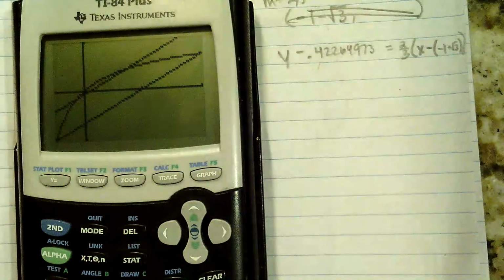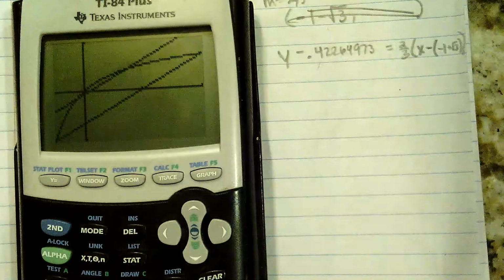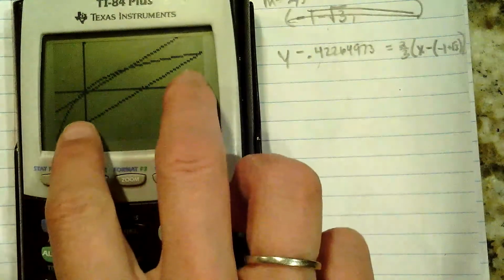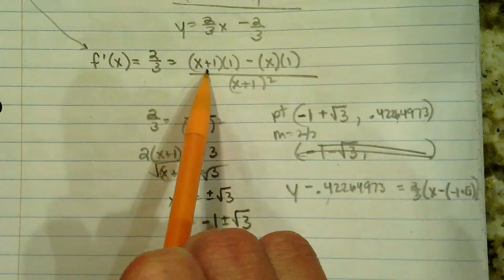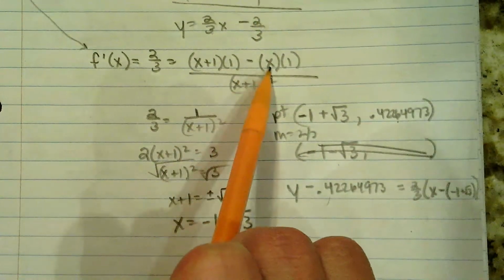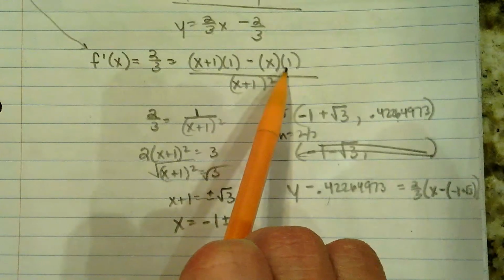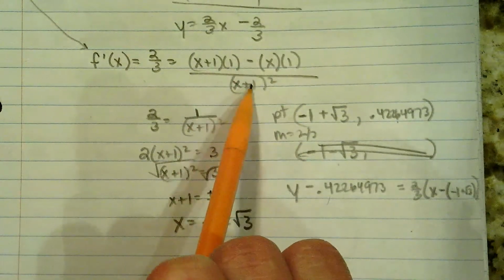Uh-oh. Where did I go wrong? So my secant line definitely had a slope of 2/3, so we know that that's right. Let's go back. We take our derivative, bottom times derivative of the top minus top times derivative of the bottom all over bottom squared.